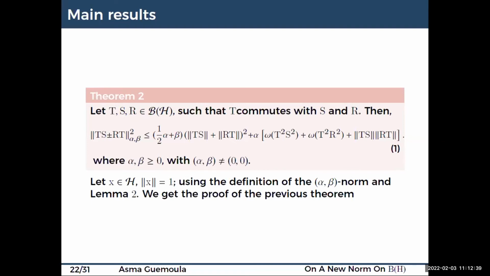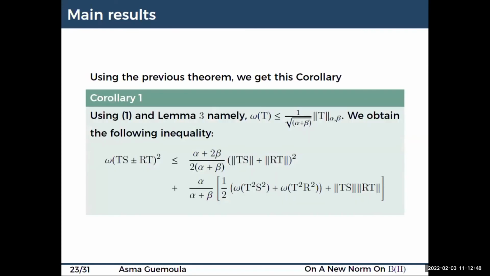Using the definition of the alpha-beta norm and Lemma 2, we get the proof of the previous theorem. Using the previous theorem, we get this corollary. Corollary 1. Using equation 1 and Lemma 3, namely this equality, we obtain the following inequality.